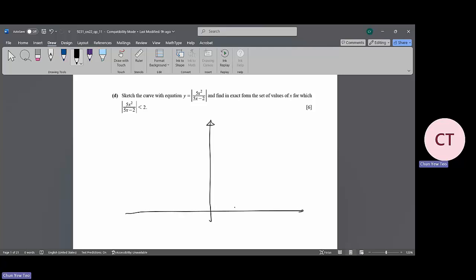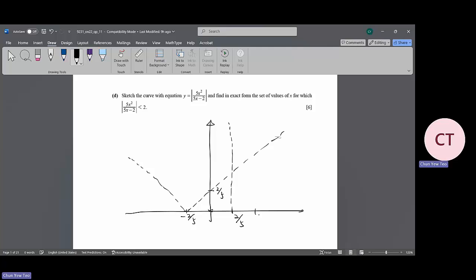So this one will be 2 over 5, and this one is 2 over 5, negative 2 over 5. The oblique asymptote also reflects. Okay, this is 0, 0.